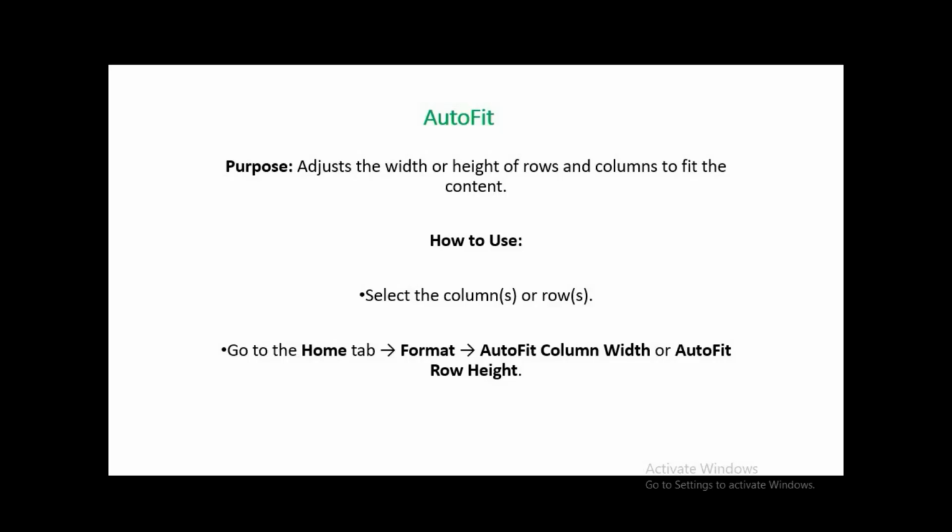Now, how to use it is just a simple guide on how to fit your data set. The first thing, you need to select the columns or rows. Just like in everything you want to do in Excel, generally, you need to highlight the columns or the rows which you are interested in working with, so that Excel will know that whatever function or formula operation you are executing, it will take effect on the highlighted columns and rows.